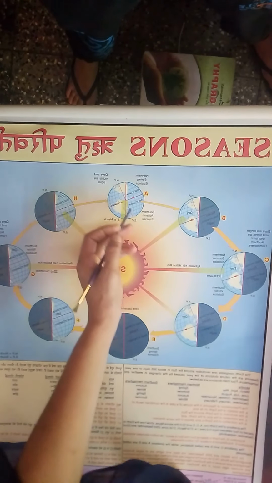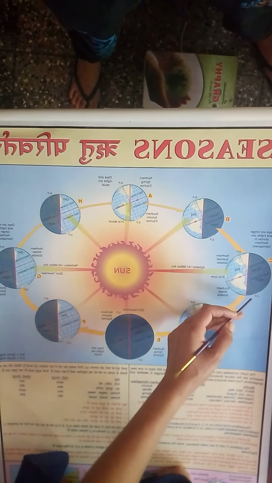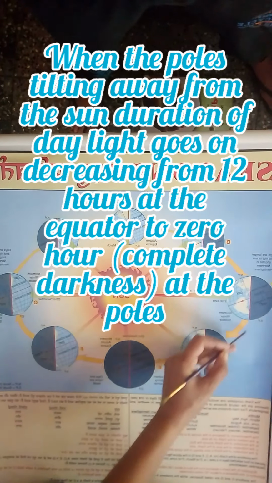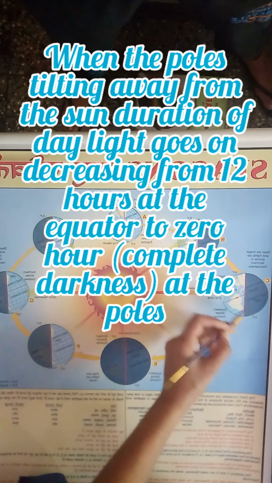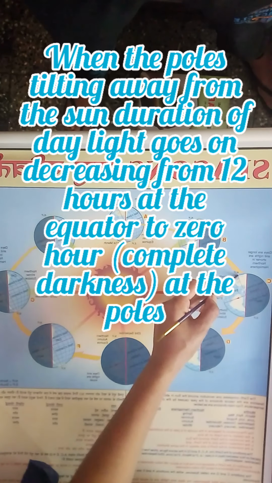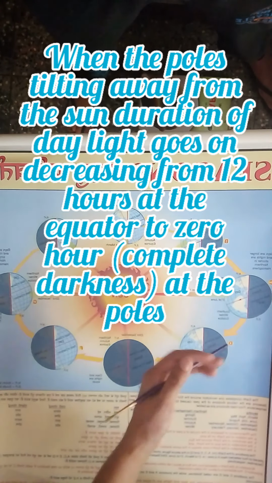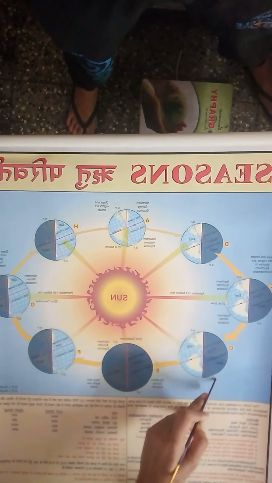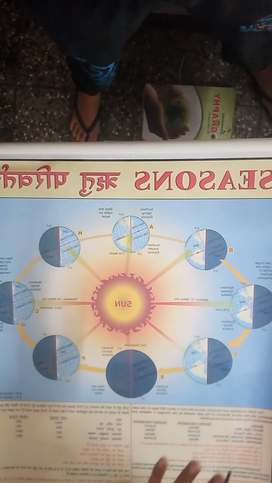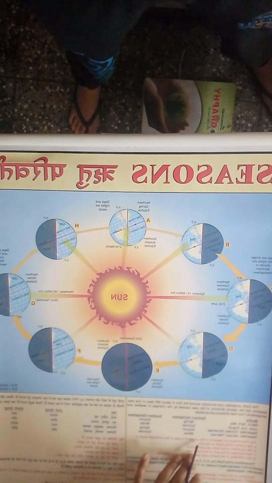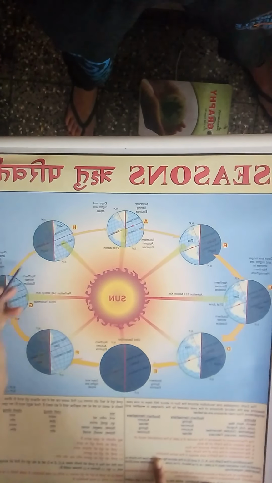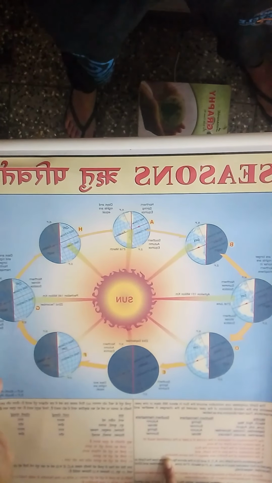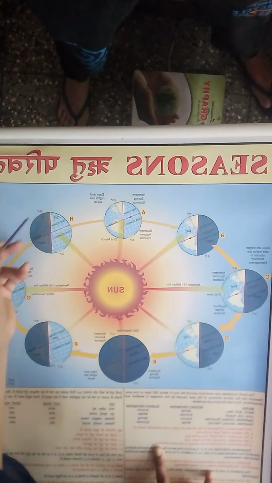And here the southern hemisphere is tilting away from the sun, so here it is night time. That means when the north pole experiences daytime for 24 hours or 6 months, the south pole experiences night time for that complete period. That means there is no sunrise in the southern hemisphere. And in the next part of the year, the next half year, the north pole is tilting away from the sun. In this diagram you can find that.